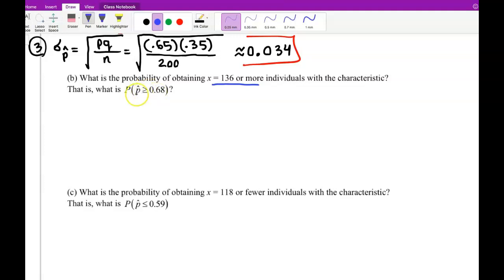So here we have a sample proportion. Exactly as when we had x, the first step was the z-score. Do the same thing on this part. So can we find the z-score first?